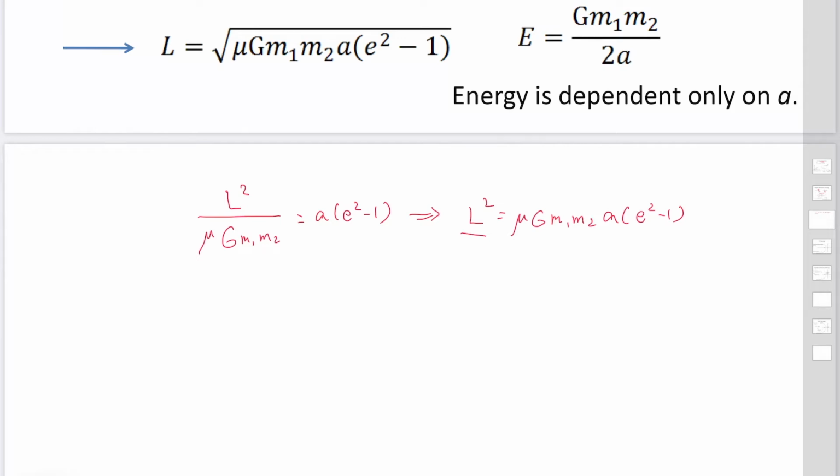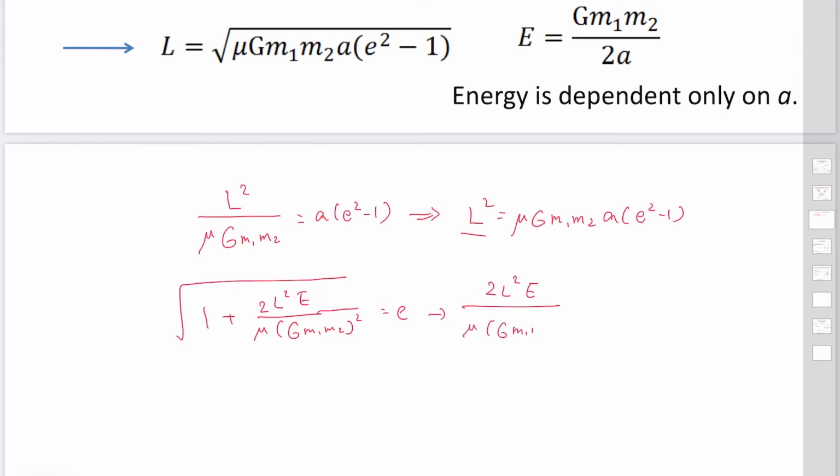And also we have an equation for the square root of 1 plus 2L squared E over mu G m sub 1 m sub 2 squared, which equals e. So from these equations, you can find out 2L squared E over mu G m sub 1 m sub 2 squared equals e squared minus 1.